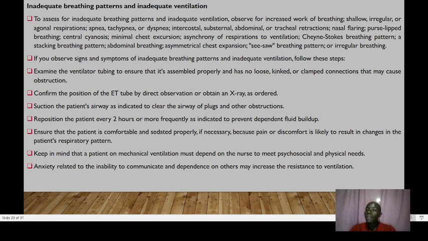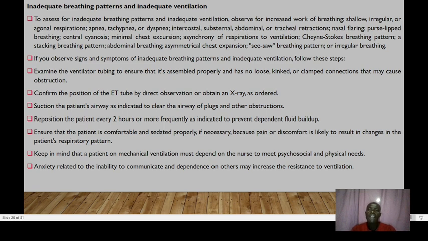Another complication is inadequate breathing patterns and inadequate ventilation. To assess this, you observe for increased work of breathing, shallow, irregular or agonal respirations, apnea, tachypnea or dyspnea, intercostal, substernal, abdominal or tracheal retractions, nasal flaring, pursed-lip breathing, and central cyanosis.